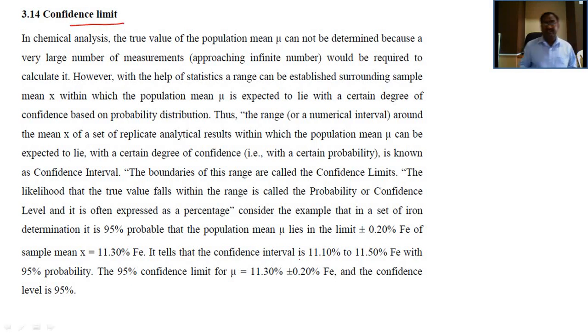Confidence limit. The boundaries of this range are called the confidence limits. The likelihood that the true value falls within the range is called the probability or confidence level, and that is often expressed as a percentage.